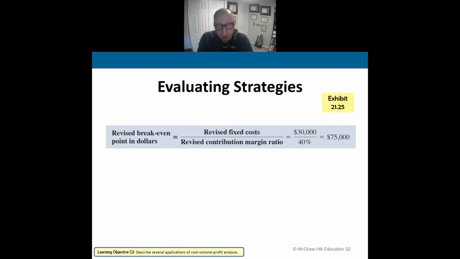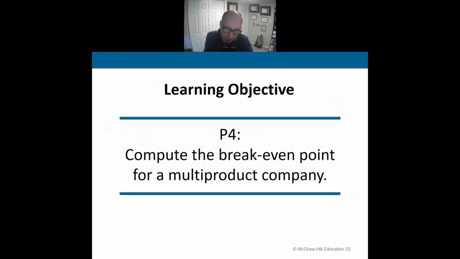So here's how we look at a revised break-even point in terms of sales dollars. I take my revised fixed cost divided by my revised contribution margin ratio. 30,000 divided by 40%, $75,000. That's what I need to sell to break even in this new version.